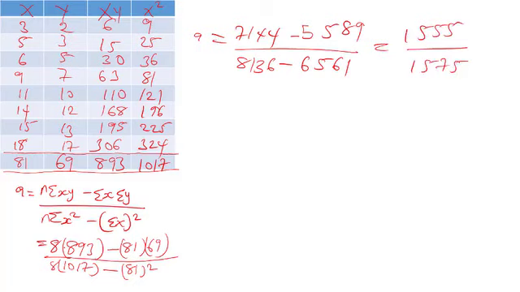So let's proceed. The value of our a is now 0.9873. Now we've gotten a, which happens to be our first variable.